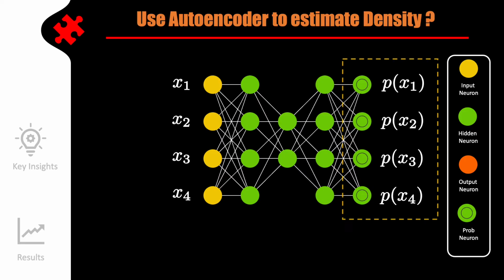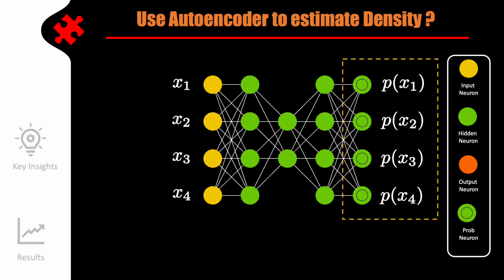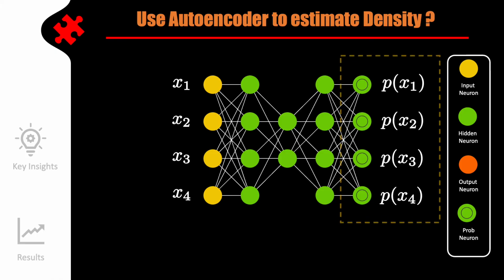I must admit that the first time you see a notation like this, it could be confusing. For example, by using p of x1, am I saying that the neuron is outputting the probability of x1, or it is outputting the parameters of a distribution p? And then maybe we use the parameters to compute the probability of x1. Let me make it clear with the help of a visualization.